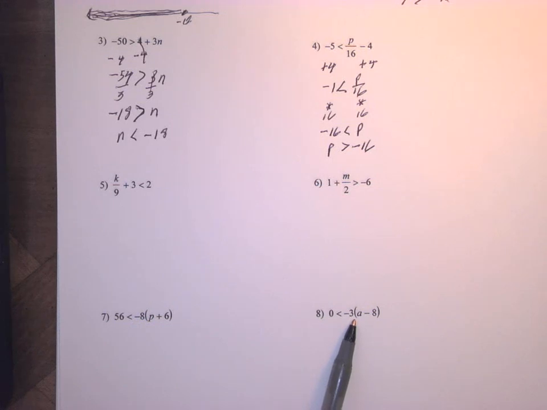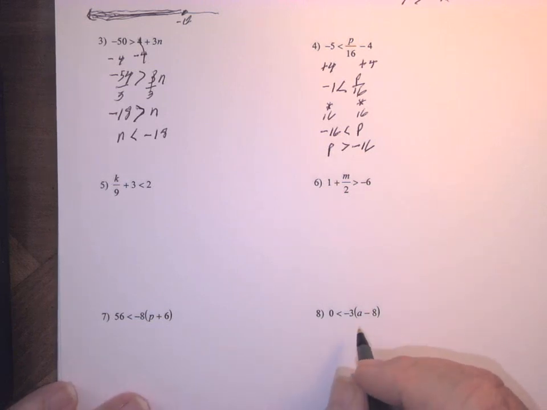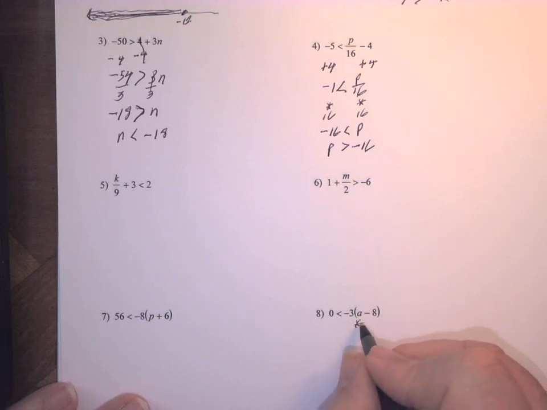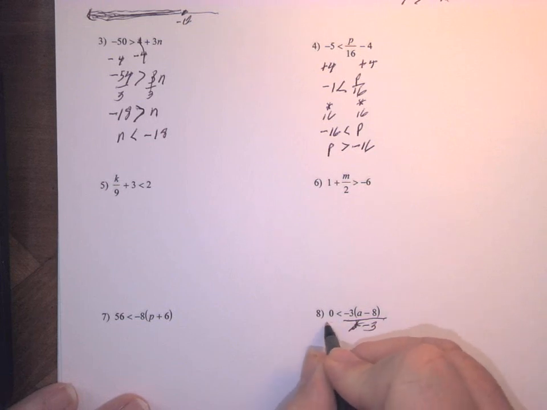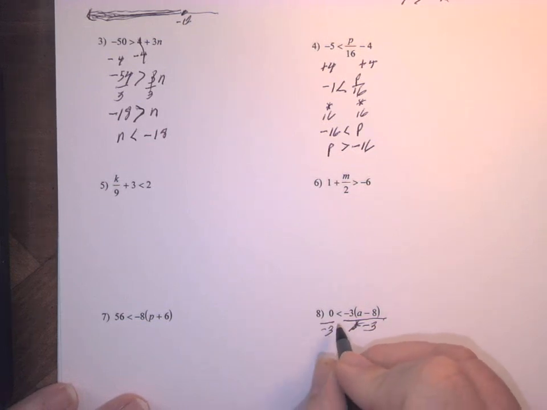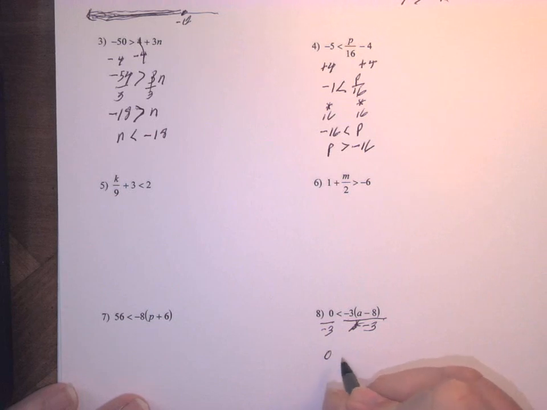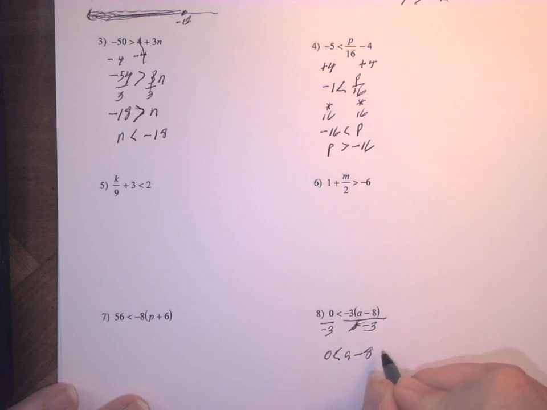let me give you a clue on this one. This is 3 times negative 3 times this, okay? So if we multiply negative 3, or divide both sides by negative 3, divide that by negative 3. Well, 0 divided by 3 is still 0, and you end up with 0 is less than a minus 8.